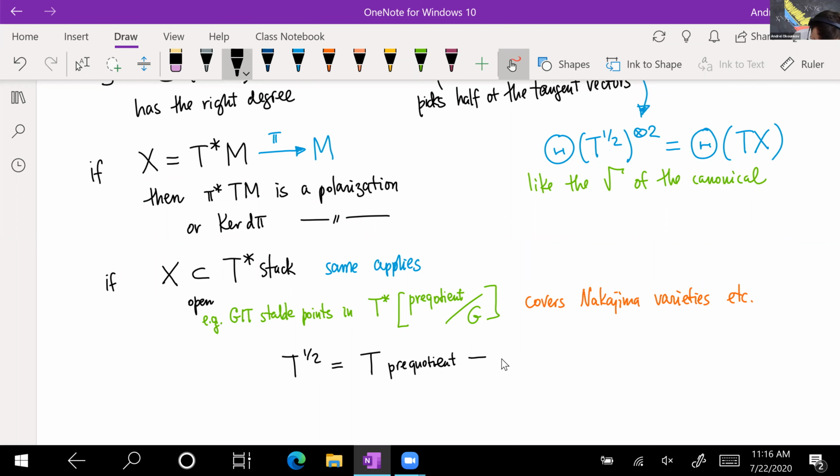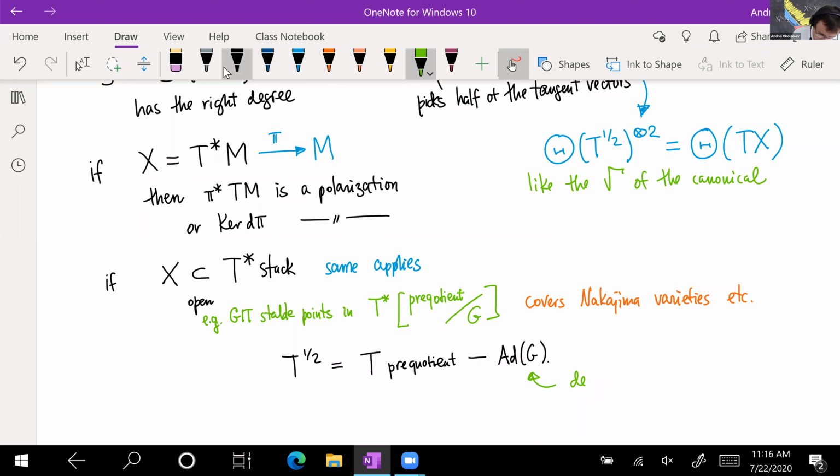Minus the bundle given by the adjoint representation of G. It's a K-theory class, it makes perfect sense. So this adjoint representation of G descends to a bundle on the quotient.